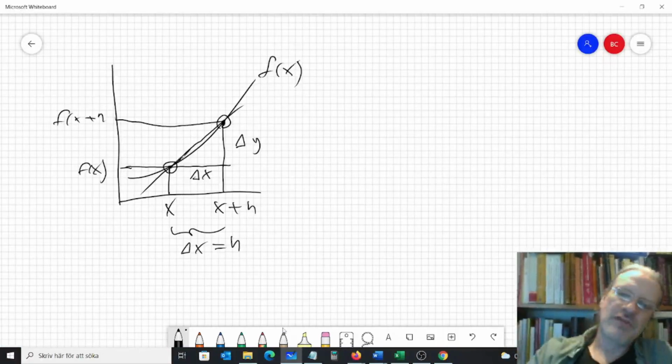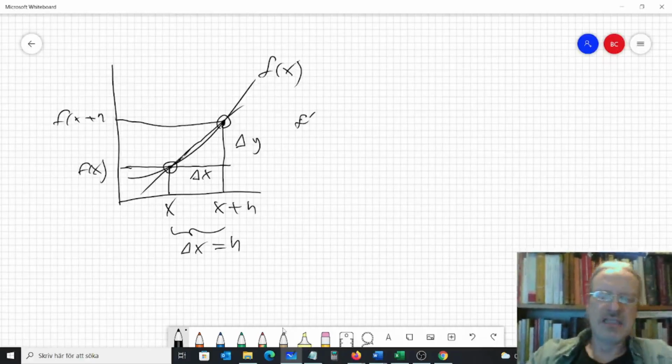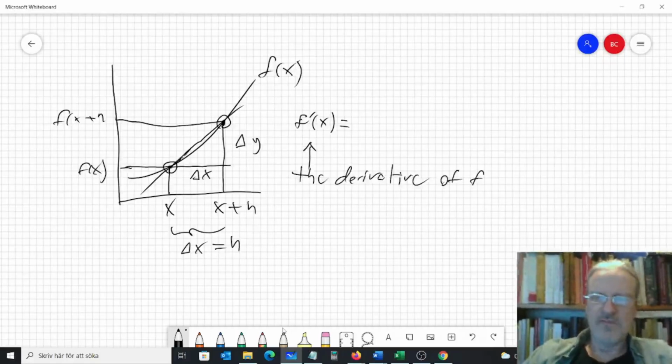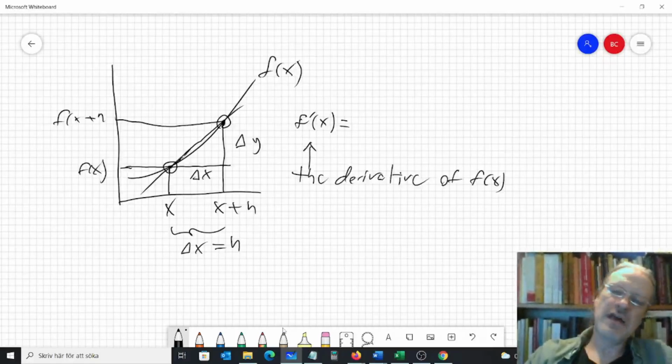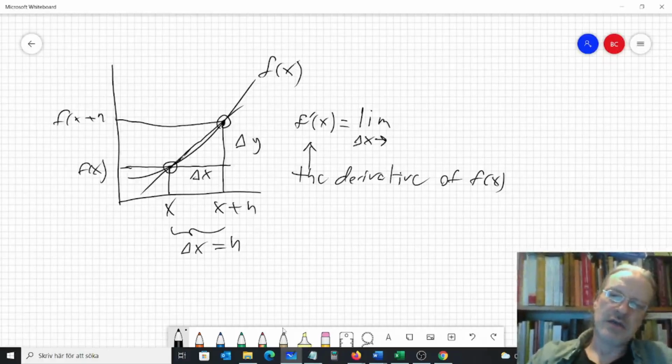And we will define the thing that is called the derivative as, and we write that as f with a little line like this. We call this f prime of x, and that is the derivative of f of x. And we define that as the limit, so the value we approach, as delta x goes to 0 of delta y over delta x.